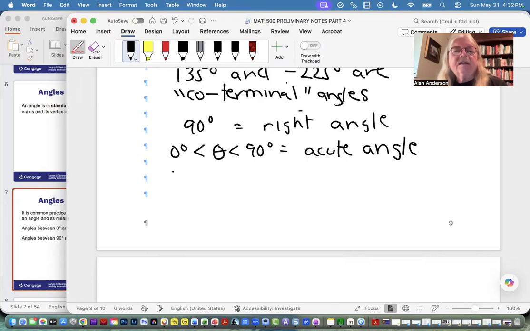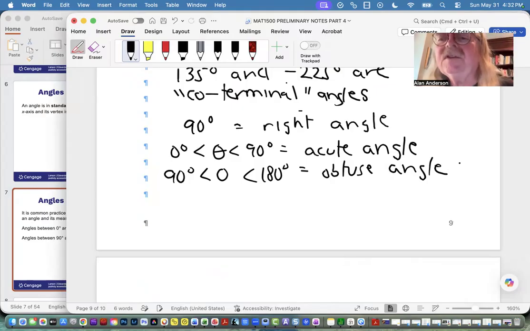And of course, then 90 to 180 is obtuse. Once upon a time, you studied all of this stuff. I don't know what grade you were in, but you definitely have encountered this before.